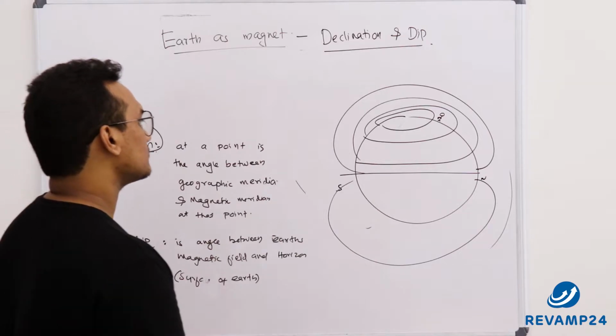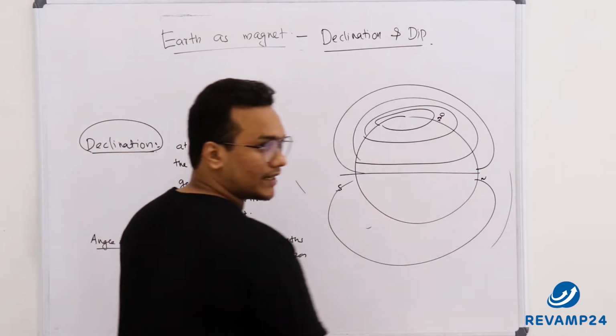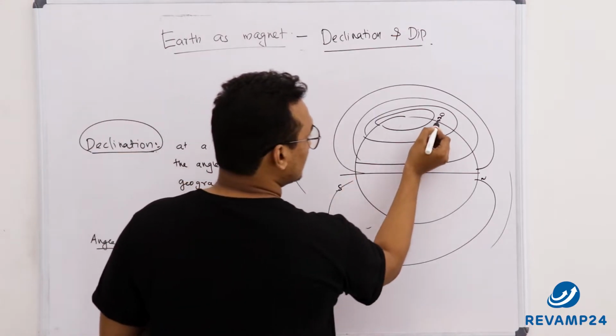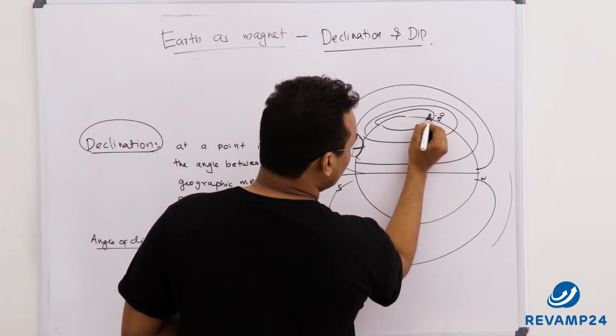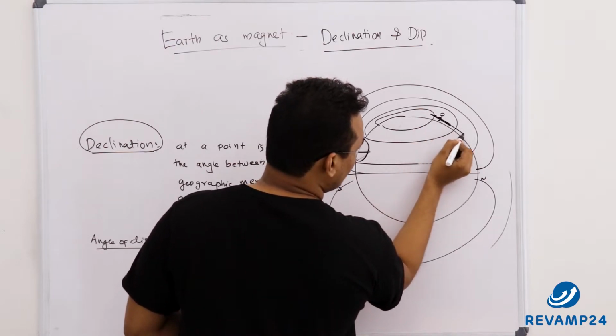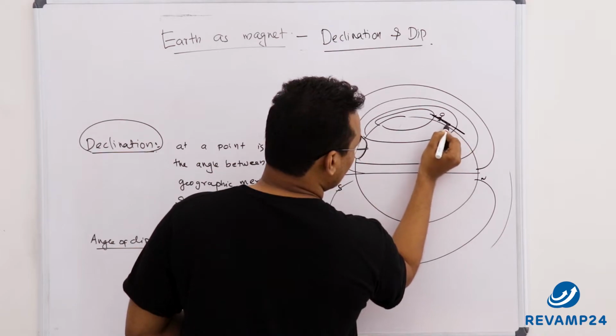Now for a person here, what is his horizon? The horizon is nothing but the horizontal axis. That will be in this way. So let's say the person is here. The horizontal axis is in this way for that person.